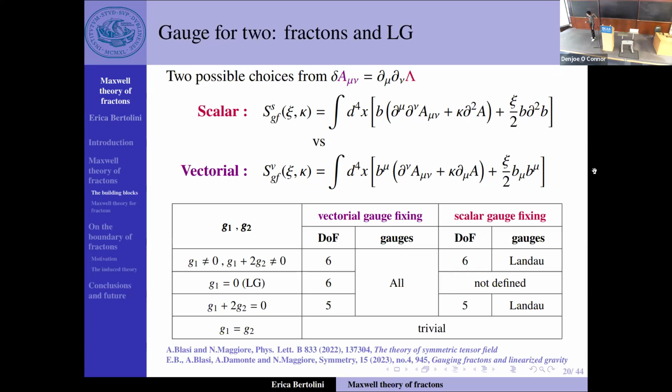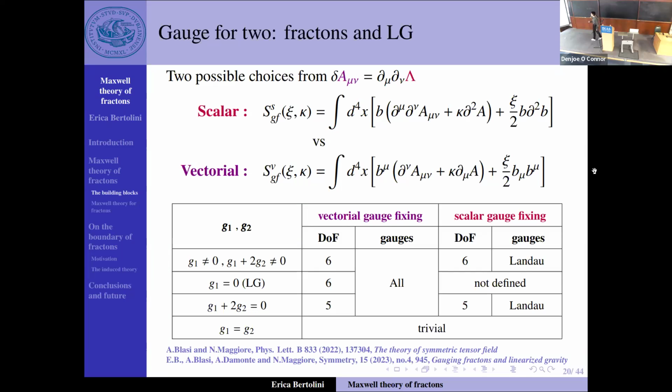And also in the sense that both have the same counting of degrees of freedom, apart from the fact that clearly the linearized gravity limit does not work in the scalar one. But the vectorial gauge fixing is preferable, because the scalar one is only possible in the Landau gauge, so only for the psi term being equal to 0.